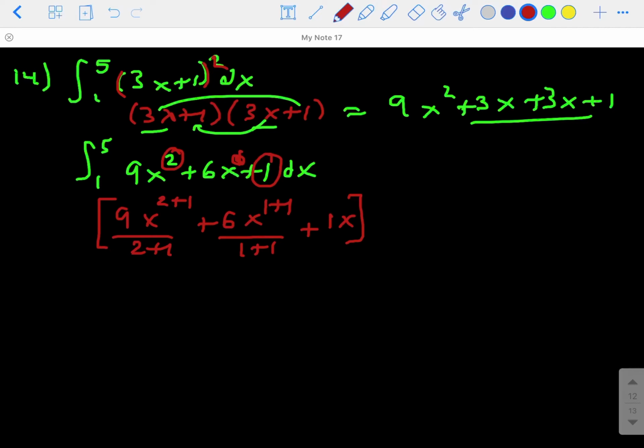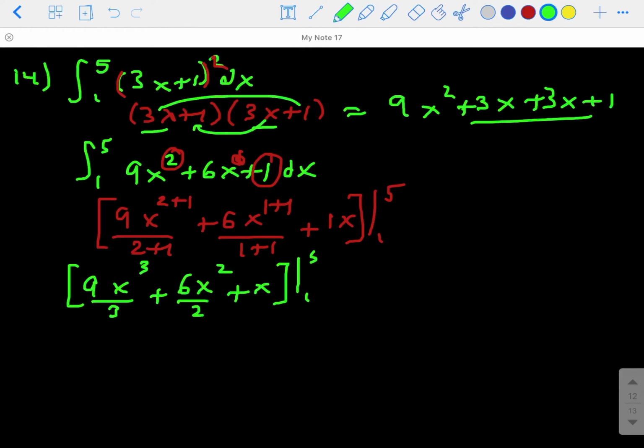And this goes from 1 to 5. Carefully work out the math. 1 plus 1 is 2 over 2 plus x. And again, we're taking this from 1 to 5.